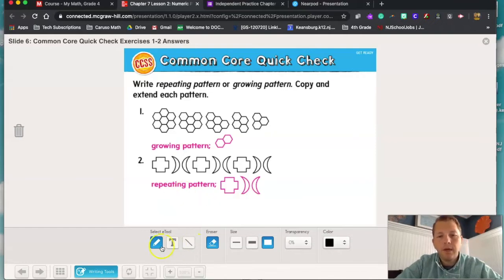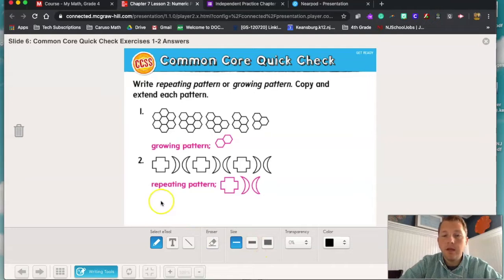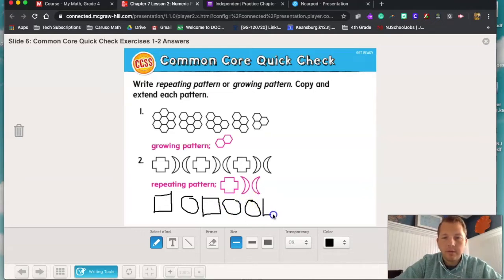All right. But if we're looking at a growing pattern, I have my square, and then I have a circle, and then I have a square, and this we could say would grow by 2 circles. And then I have a square. And then what do you think the next growing piece of this pattern would be? 3 circles. 1, 2, 3.